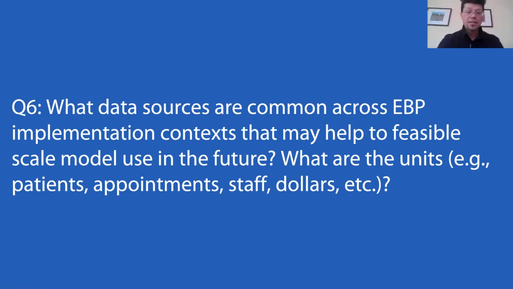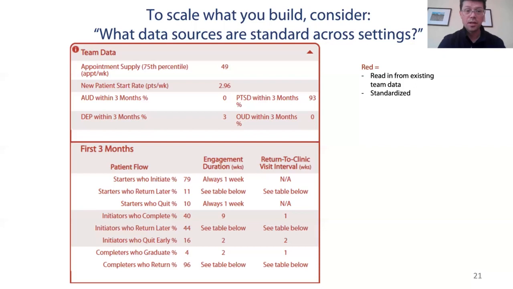So, data sources. This is an important thing to think about: what data sources are common across EBP implementation contexts, and how can you use the data that are available to scale your model to be used in the future. Here we try to think about broad units like staff, dollars, patients, things like that.